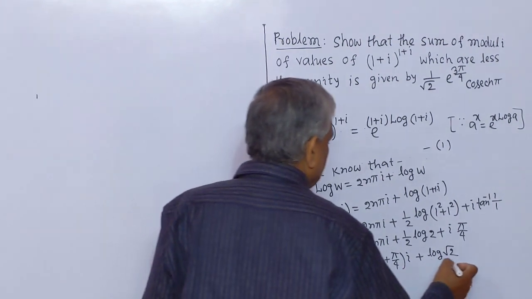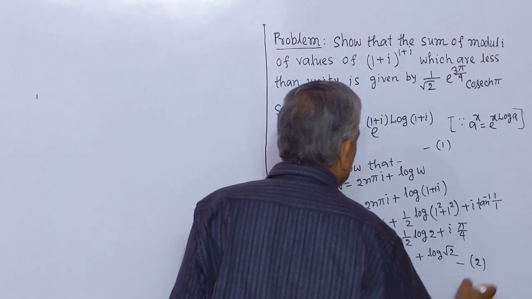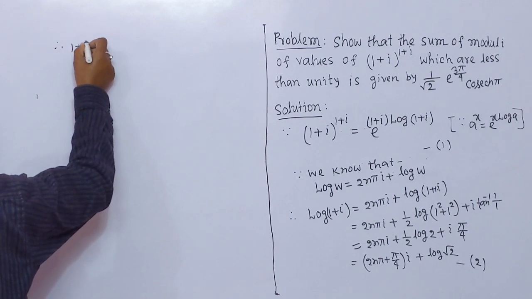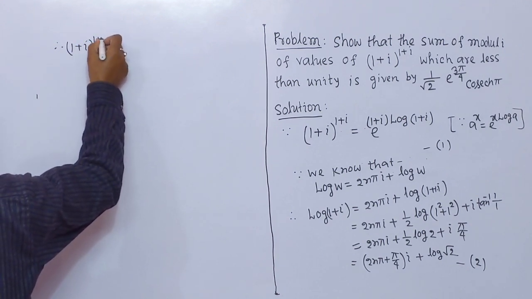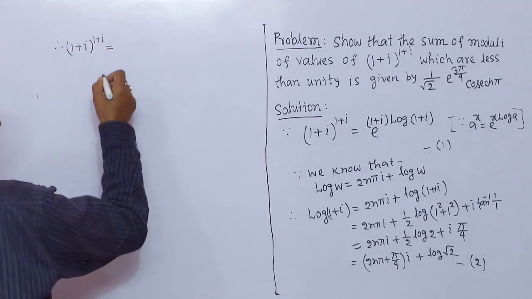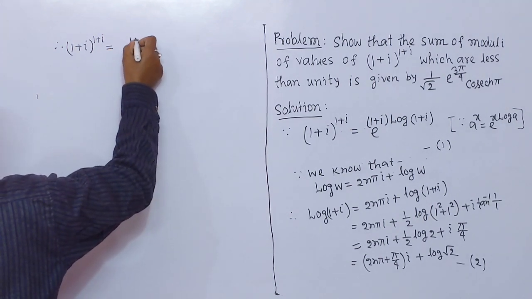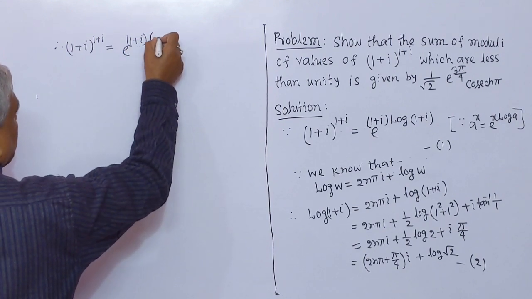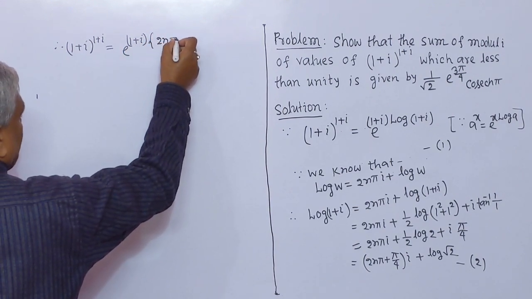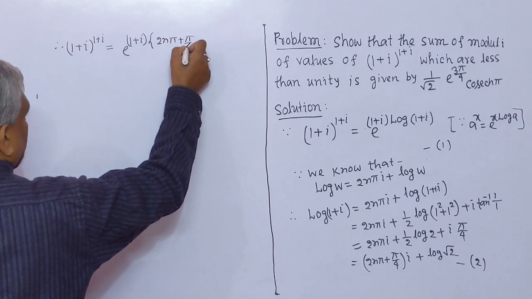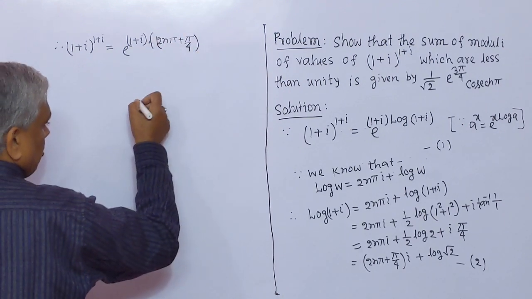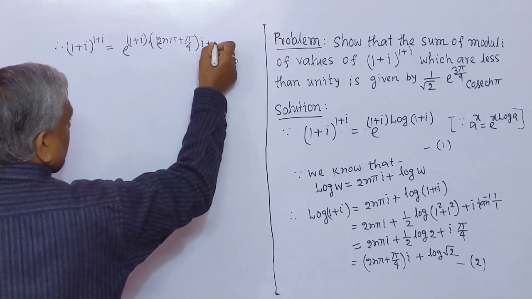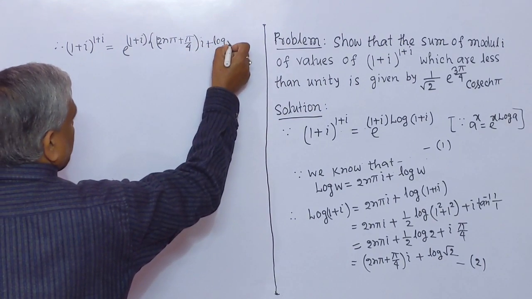Let this be number 2. Therefore (1 plus i) to the power (1 plus i) equals e to the power (1 plus i) times ((2n pi plus pi by 4) i plus log square root 2).